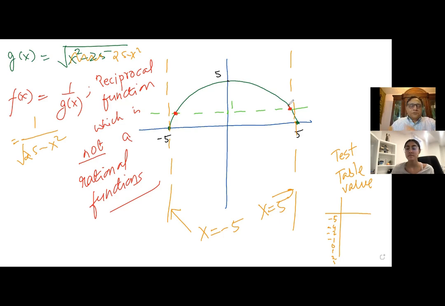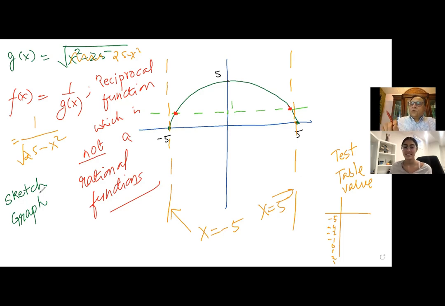There are two terms which we normally use in a test paper. One is called sketch and one is called graph. Sketch the function or graph the function. When you sketch, it is a rough graph. You don't need to define the points.